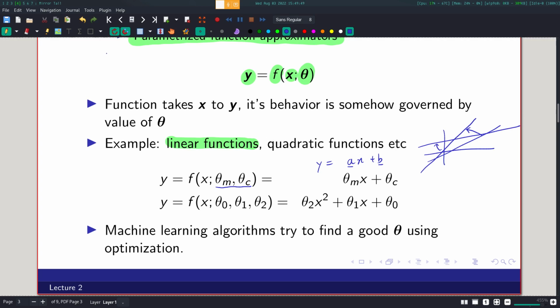So that is the simplest example, but you can take this idea and make it much more complicated, right? So for example, you can have quadratic functions. So instead of having just two real parameters, I can have three real parameters, right? So I can have something like theta naught for the constant term, theta 1 for the coefficient of x, and theta 2 for the coefficient of x squared.